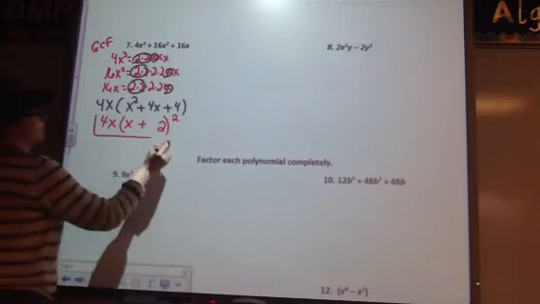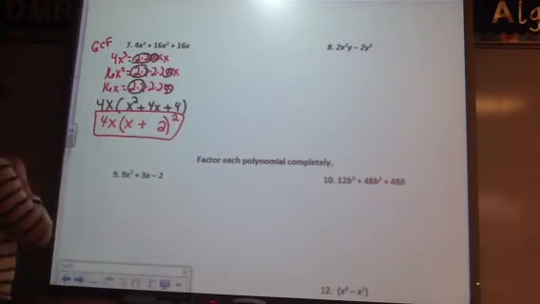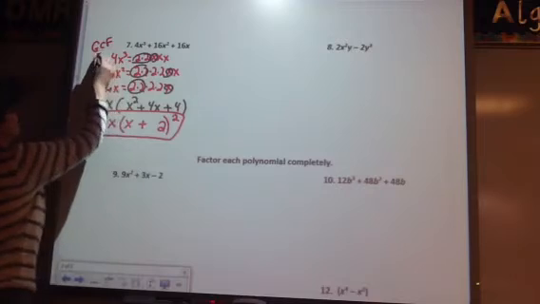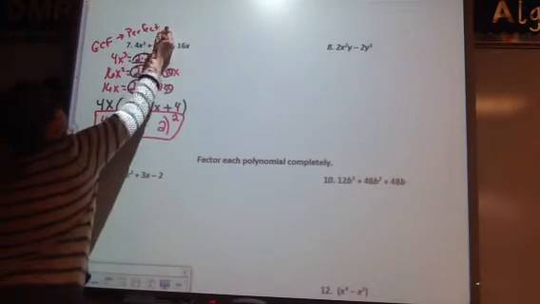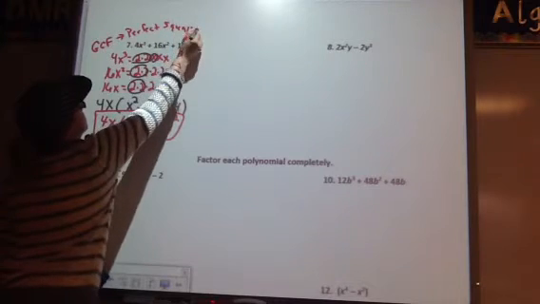Okay, so here's our answer. So we used greatest common factor, and then we used perfect squares.